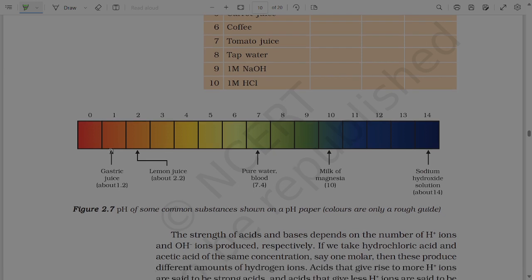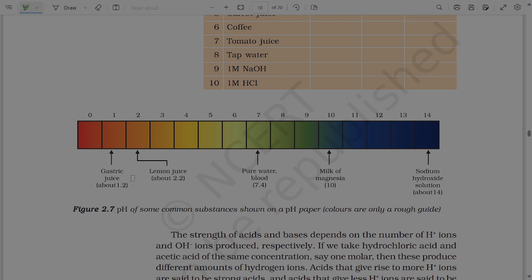The colors represented here are only for illustrative purposes, so you may not refer to these as the proper colors. But you can see that gastric juice has a pH of about 1.2, lemon juice about 2.2, pure water or blood about 7.4, milk of magnesia 10, and sodium hydroxide solution about 14.